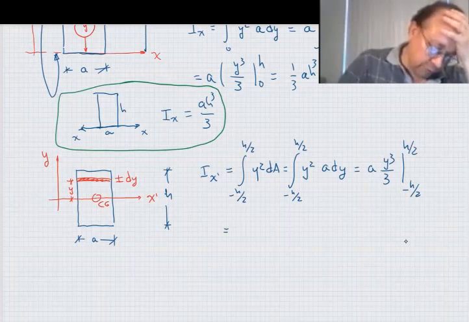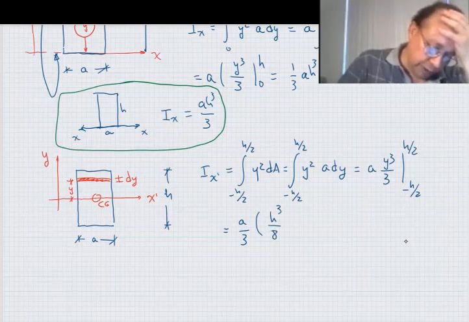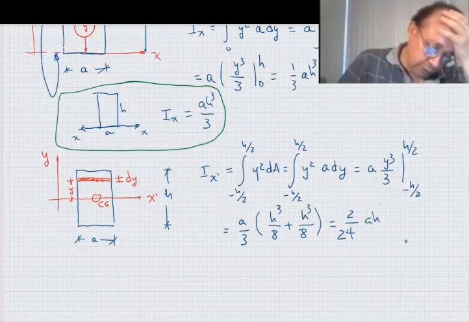So our moment of inertia will be 1/3 multiplied by h cubed over 2 times 2 times 2, 8, minus minus, so it will be plus h cubed over 8. So this will be 2/24 h cubed, so h cubed over 12.